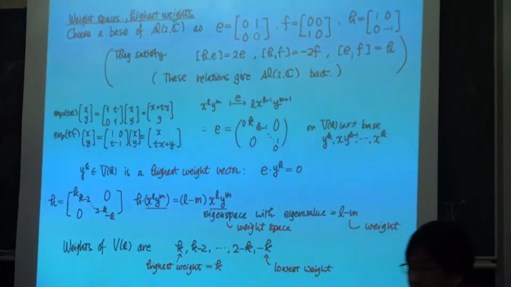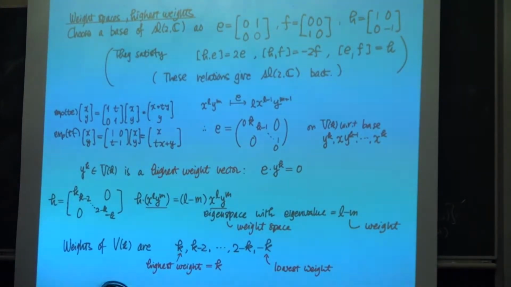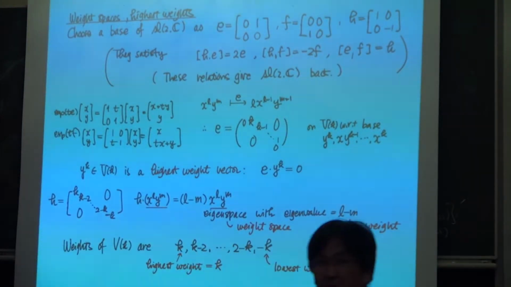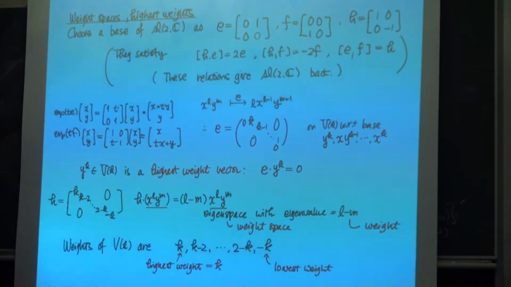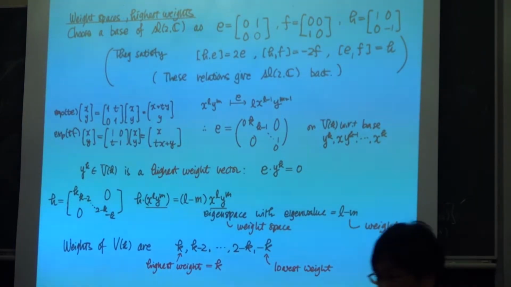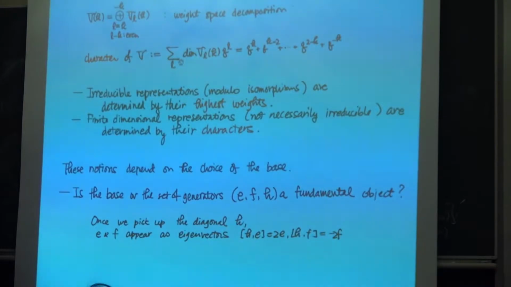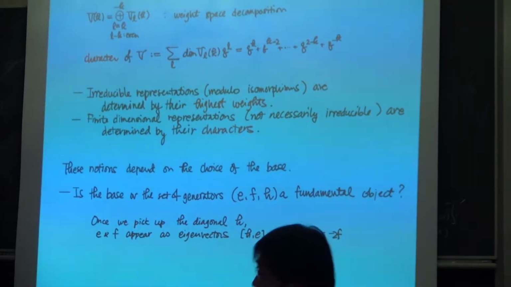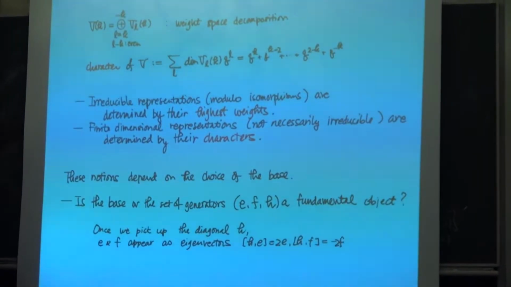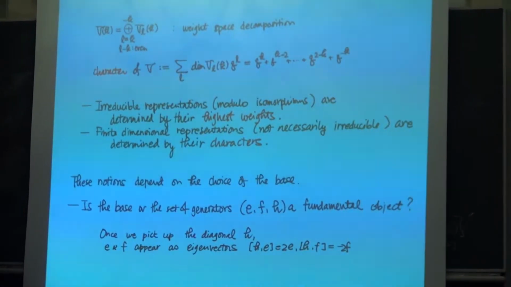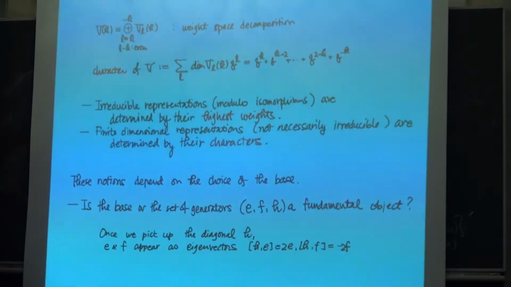Of course, you know that on vector spaces there is no canonical choice of basis. You just choose a basis and start. But these weights, the highest weight and the characters depend on the choice of basis. If so, then it's an artificial choice, and it should not be a fundamental object, and the theory of characters and weights doesn't quite make sense.